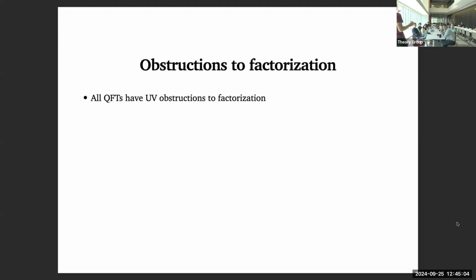So you're almost always going to use some UV regulator anyway, and most of them solve this problem for you. So historically, people got away with just ignoring the fact that the Hilbert space doesn't factorize. And it's sort of intuitive that there will be UV obstructions to the factorization, because you have lots of UV modes piling up near the interface.